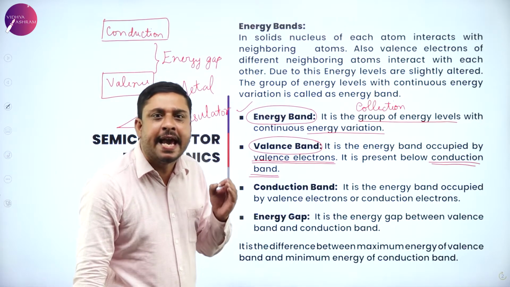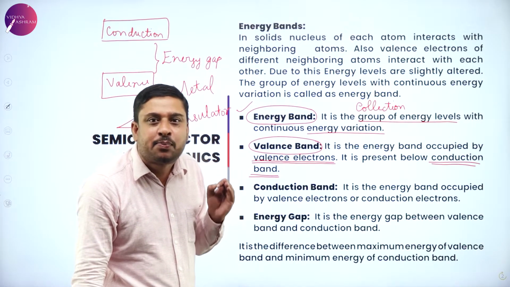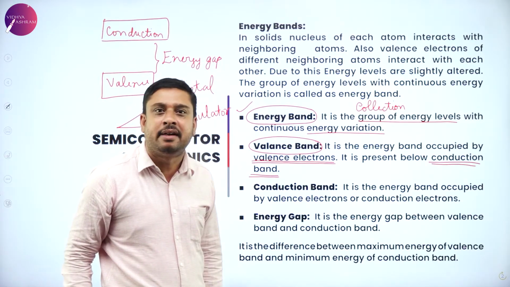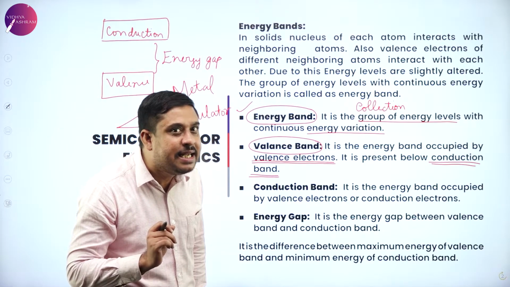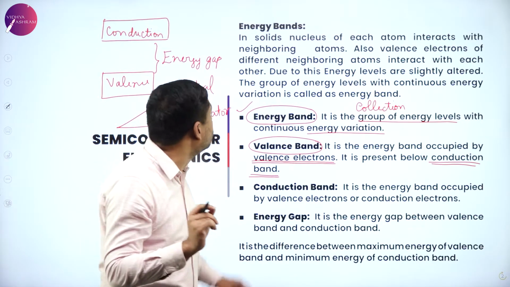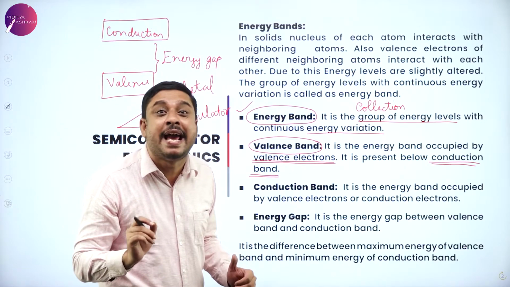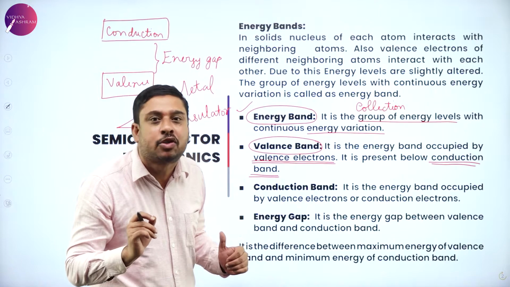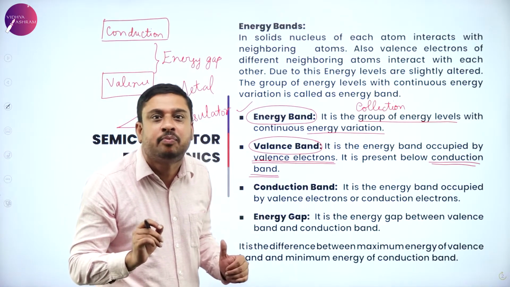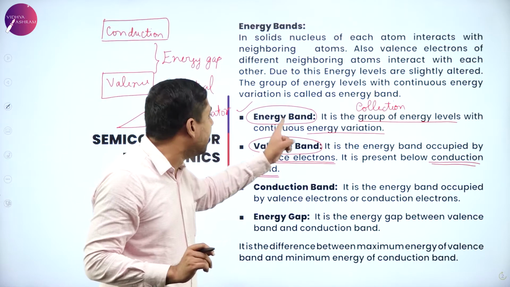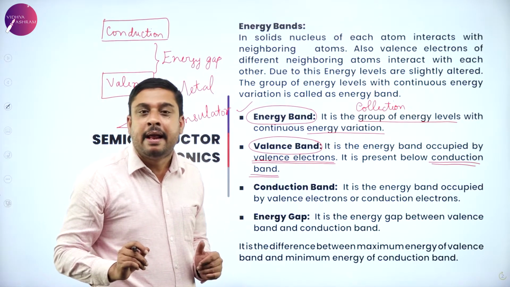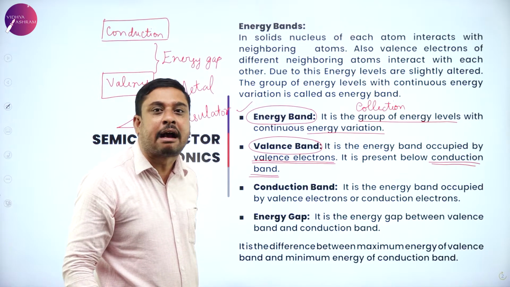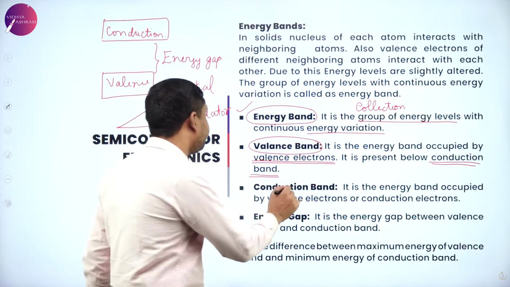So the valence band is present below the conduction band. It is exclusively for the valence electrons. The valence electrons of an atom will occupy the valence band. And where is it found? It is present below the conduction band.